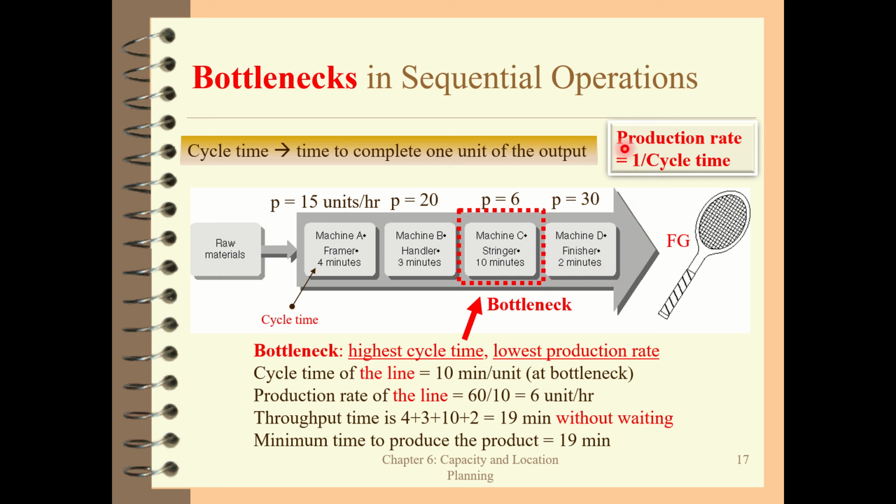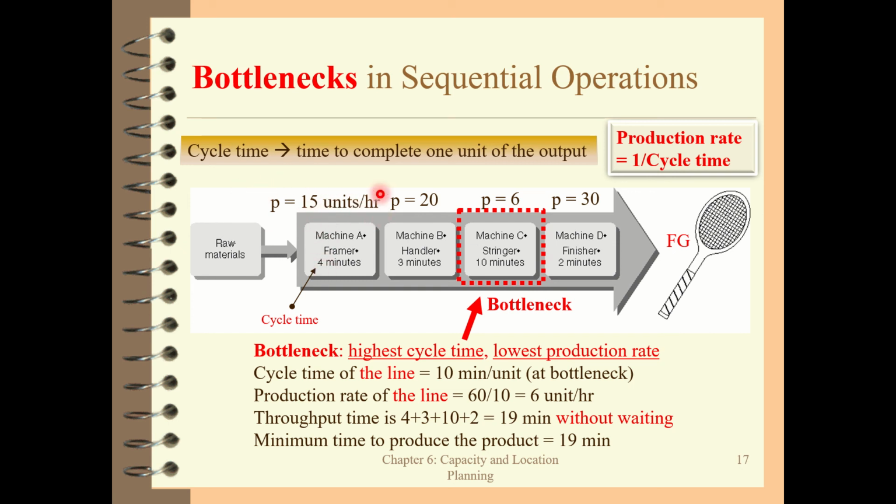Don't forget that the production rate is equal to 1 divided by the cycle time. In this case, 4 minutes you can produce 1 unit, right? So the production rate of this machine is 15 units per hour, which means 60 minutes per hour divided by 4. You got the production rate.